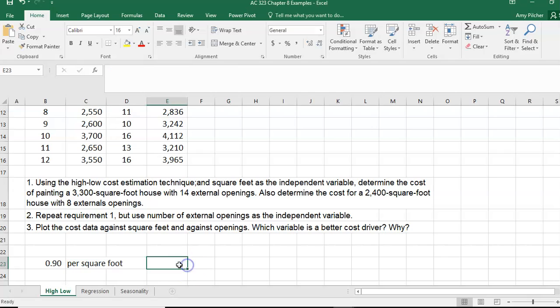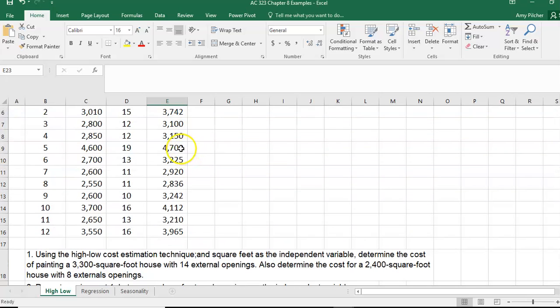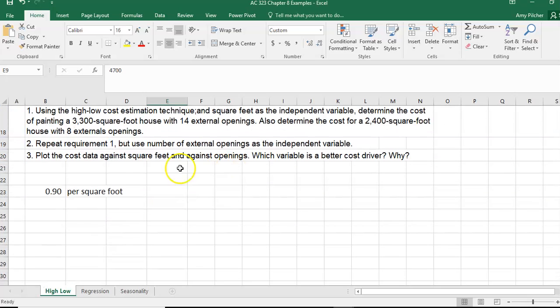We can use that information and one of the points of our information to determine what our total fixed cost is. So let's use our high point, 4,600 square feet and $4,700 in total cost.